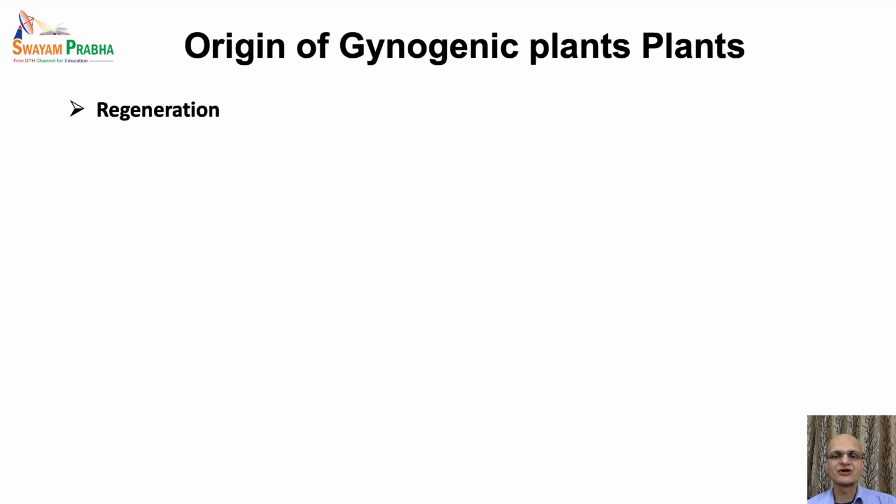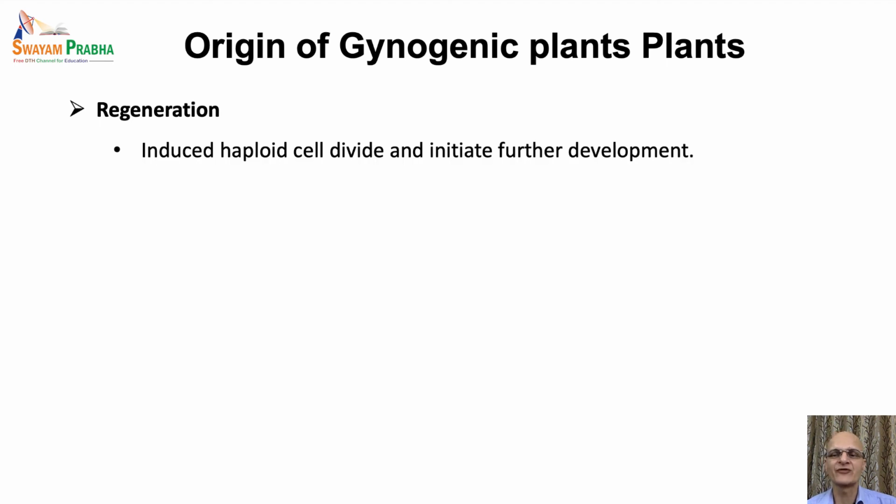Next is the regeneration of the plants. So once the haploid egg cell or other cell of the female gametophyte like the synergids are induced for gynogenesis, it initiates cell division and further development starts. The regeneration of the haploid plants can occur either through direct embryogenesis or through indirect embryogenesis.